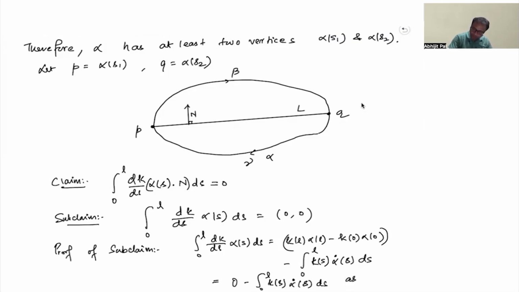As alpha(L) is equal to alpha(0), what we have now is that this integral is equal to minus of this integral.